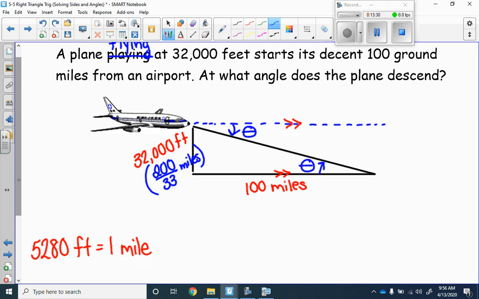So now to find our angle, we're going to use tangent. Tangent gets used a lot when it comes to real world situations because it's hard to measure a hypotenuse, as you can imagine. So our tangent would be the opposite, which would be the 200 over 33, over the adjacent, which is 100.